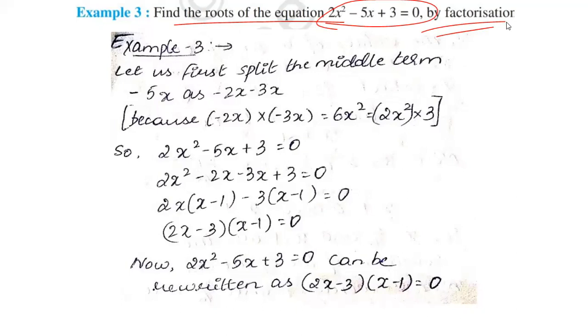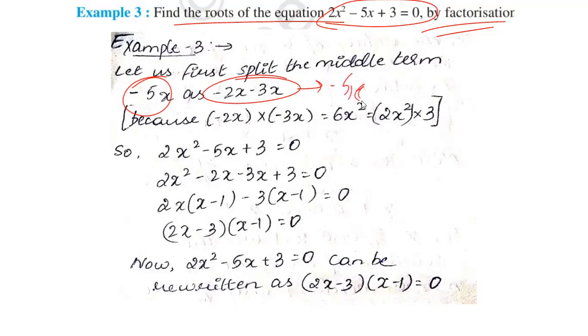Okay, so now, splitting the middle term. I have told you how to split the middle term. You should get that as the product or the sum of those two. So minus 5x can be written as minus 2x minus 3x. This is nothing but equal to minus 5x only.